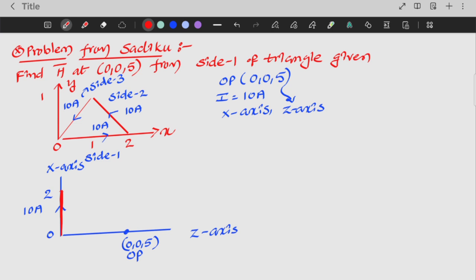The conductor is vertically available in the derivation, but here it is not on the z-axis, it is on the x-axis. But whatever it may be, we can assume this is the case where the observation point is below the conductor. But here, it is not below the lower end of the conductor, it is along with the lower end of the conductor. So careful observation is required. The perpendicular and the line joining the lower end and observation point are the same.